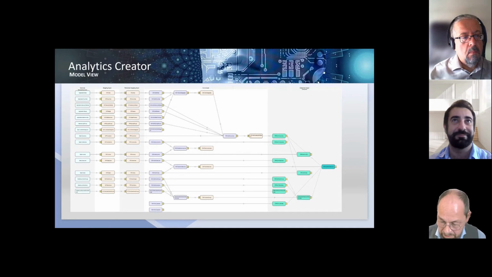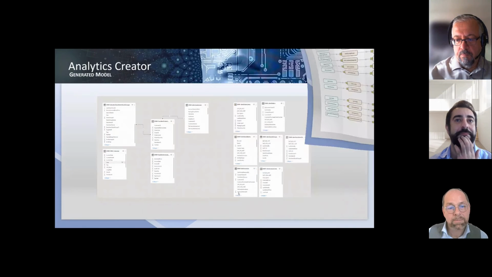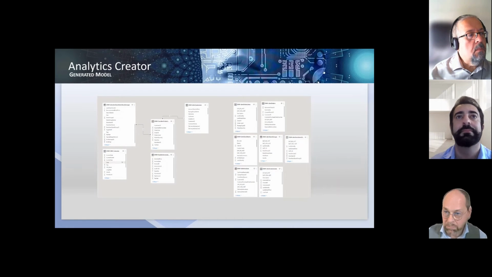We try to create the Power BI model by means of this underlying AnalyticsCreator model view. If you deploy this model, you will more or less come to this view.